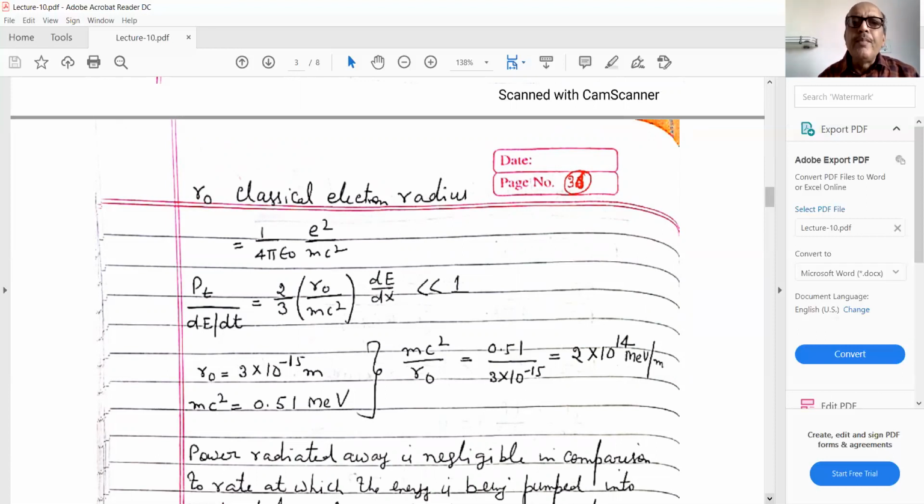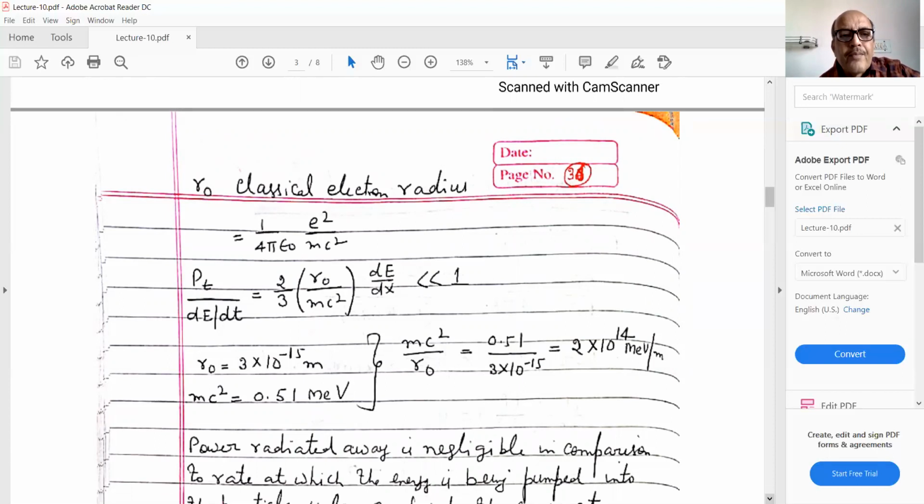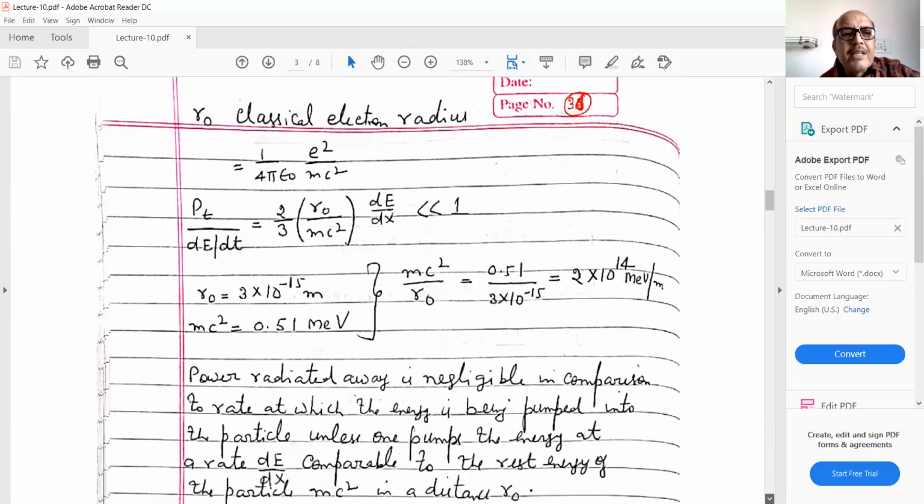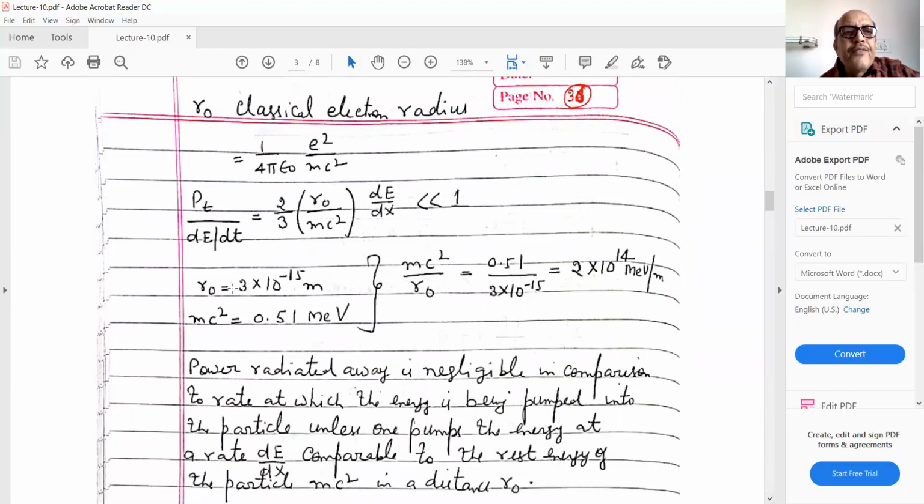And you will see, if you make a calculation, this term is much smaller than 1. I will explain why. First of all, for r0, you take the rest mass of an electron, 9.1 into 10 to the power minus 31, and make a calculation of this classical electron radius. It comes out to be 3 into 10 to the power of minus 15 meter.